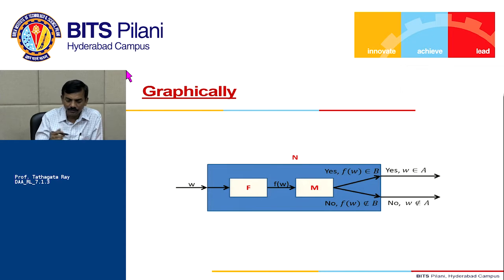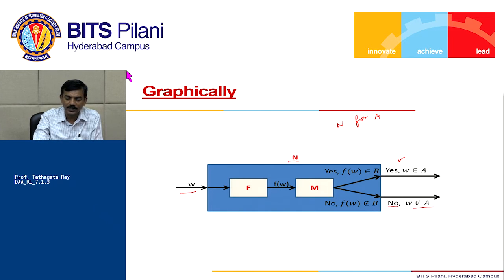So graphically, I am framing this machine N. N is the polynomial time algorithm for the language A. You take a particular input string, and I should be able to say yes, if W belongs to A, in polynomial time, and no, if W doesn't belong to A, in polynomial time.